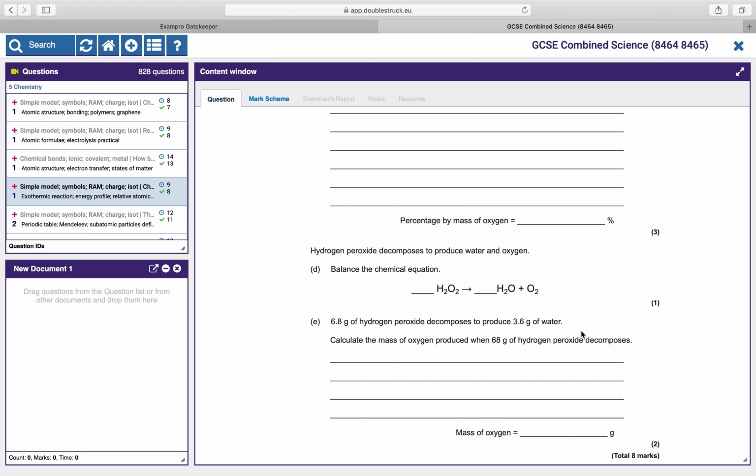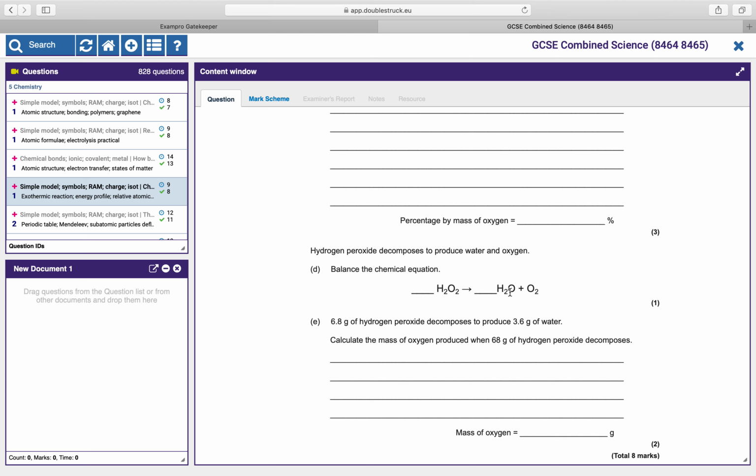Now, this is the interesting thing. If I have 2 lots of water, let's look at the mass of water. If you look in your periodic table, oxygen weighs 16, and there are 2 hydrogens because it's H2. So it'd be 16, 17, 18, right?